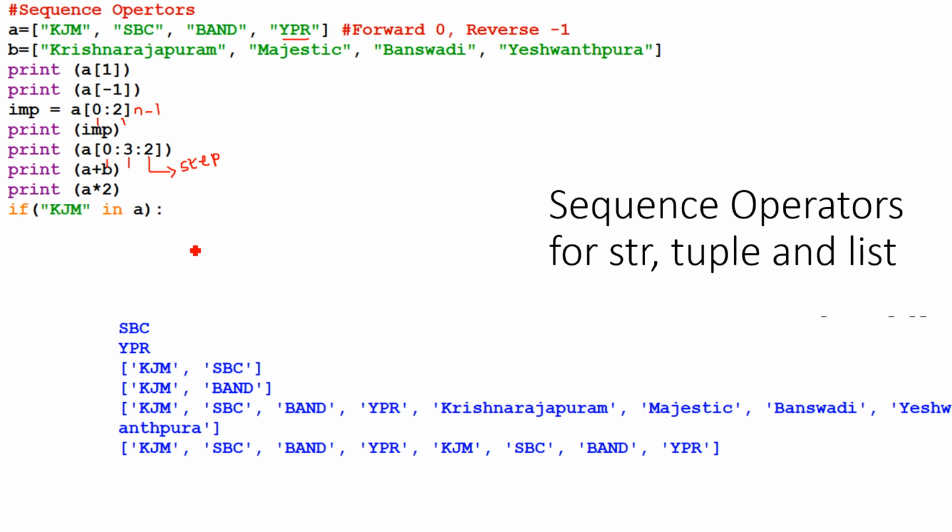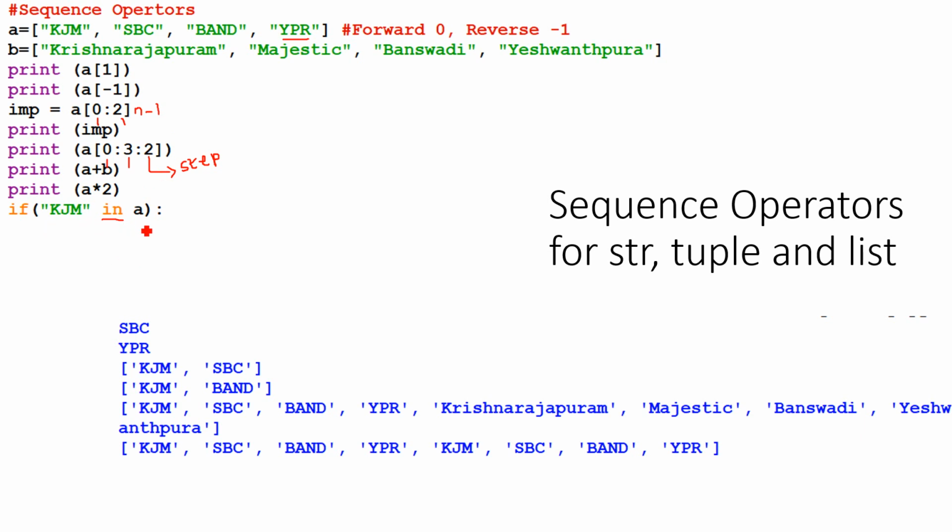Okay. Then also we have a membership operator. By using this membership operator, we can take the conditions. So here we can use in as a membership operator, where we check the membership of a particular given value in the given list.